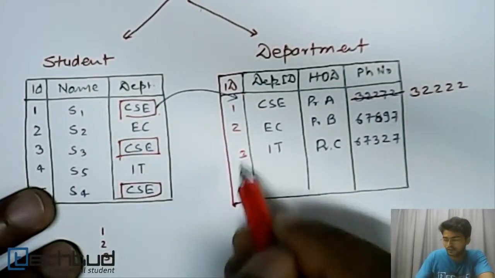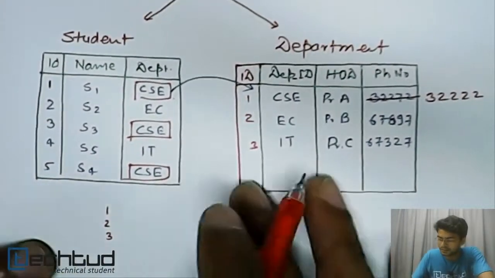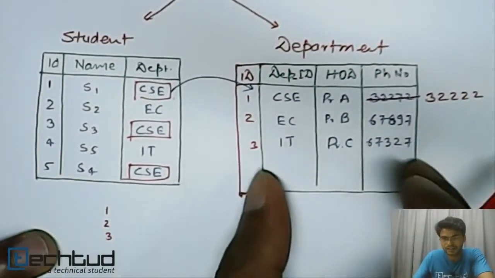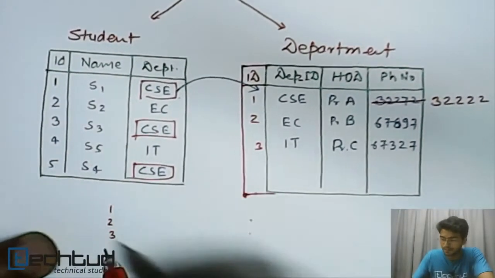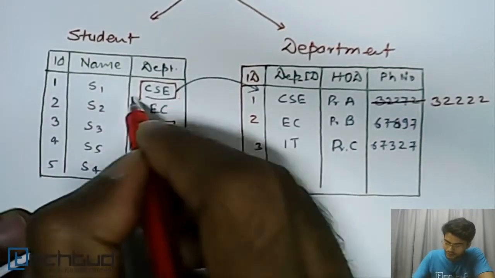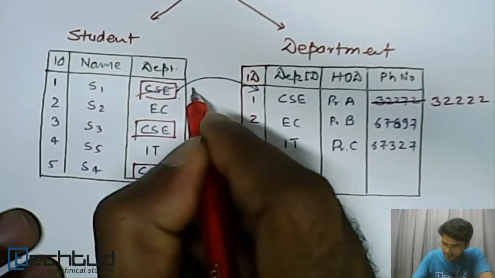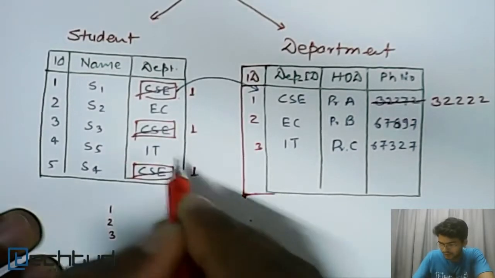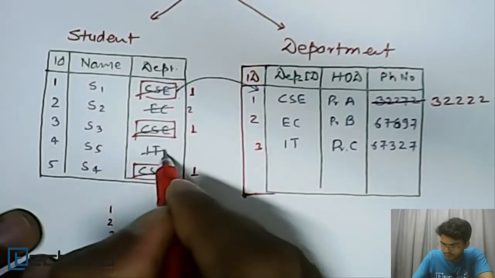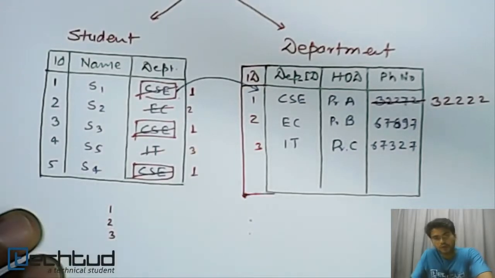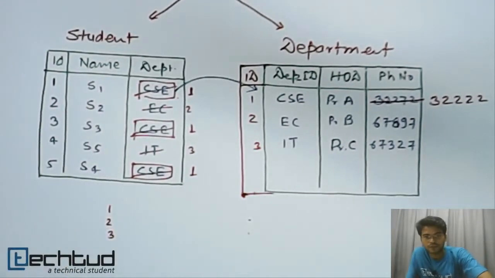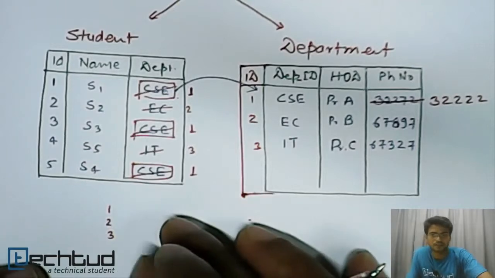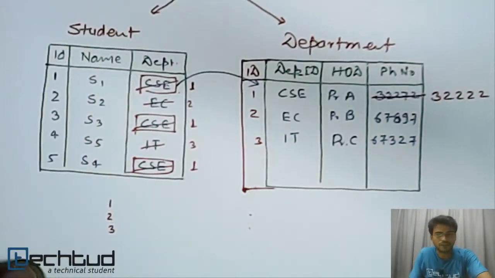This will be auto increment, incremented automatically whenever a new record is inserted into this table. And now here, rather than storing the entire text CSE, we will just store 1, 1, 1. This will be 2, this will be 3. So the value which we have to store, somehow we can decrease, but we cannot remove redundancy.